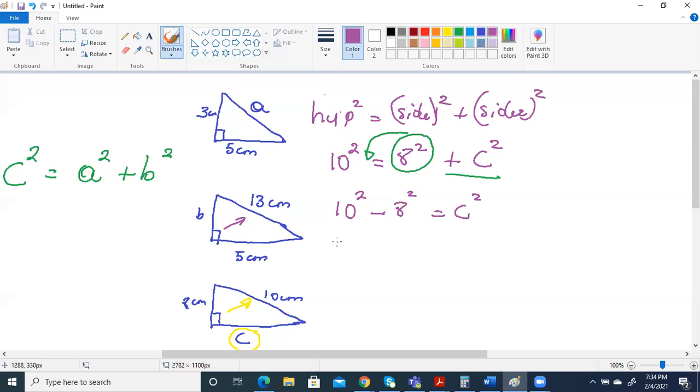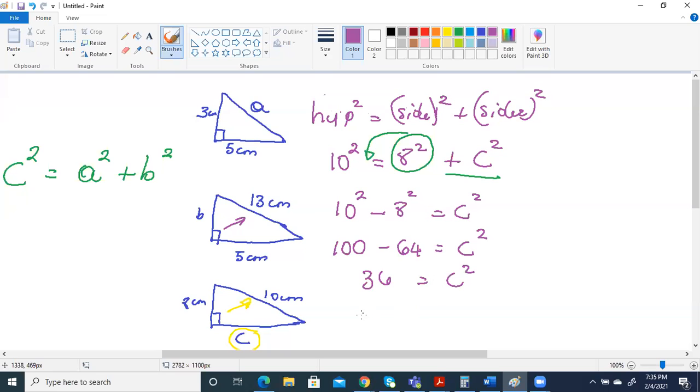So 10 squared, if you plug that in your calculator, you should get 100. 8 squared should give you 64, I think, yes? And that's equal to C squared. So 100 minus 64, 36. 36 equals C squared.